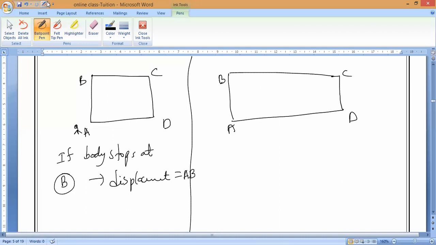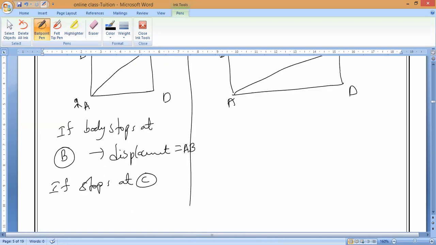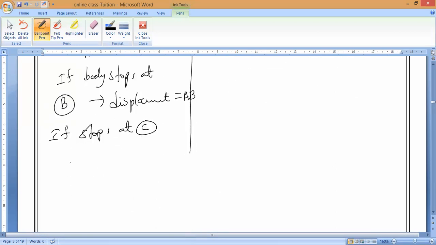Next, if it stops at C, then what is the formula? AB plus BC? AC? No, we have to apply the Pythagoras theorem. Be very careful. For point C, AC square is equal to AB square plus BC square.